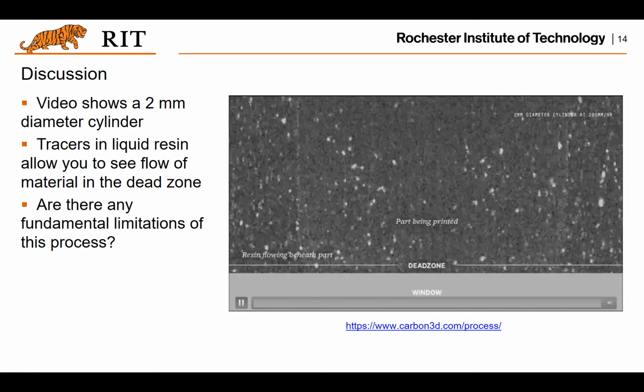In this process, the benefit is, do you still remember when we calculated the time for printing a part? There are two major factors. One is basically the laser scanning time. In this case, it's the image projection and the curing time, right?